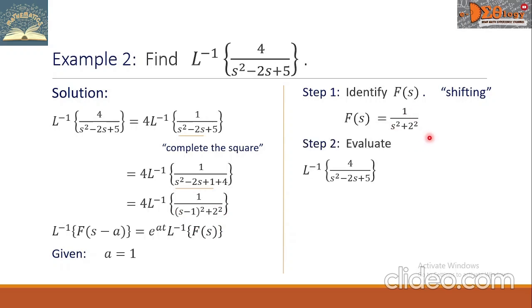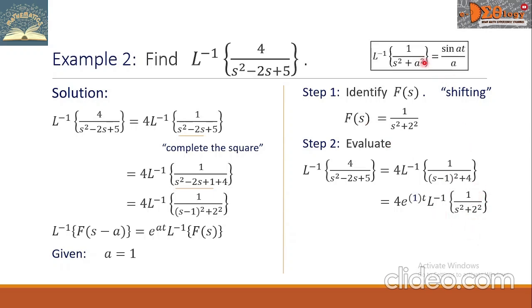Then, step 2. Let us now evaluate our original problem. A while ago, we simplified this into 4 times the Laplace inverse of 1 all over the square of the quantity s minus 1, then plus 4. Using the formula, we have 4 times e raised to 1 times t, multiplied by the Laplace inverse of F of s, which is 1 all over s squared plus 2 squared.